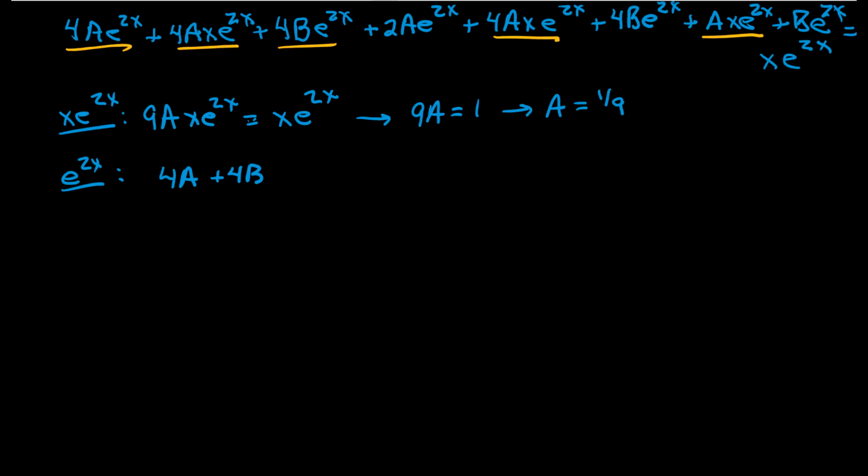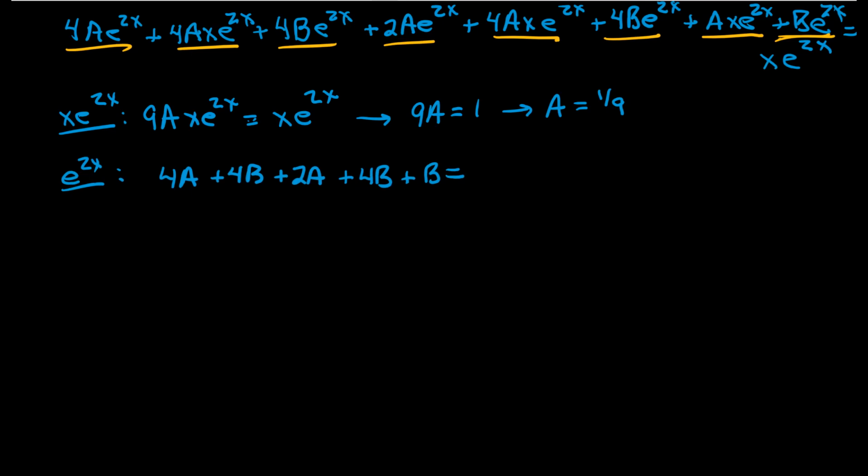Now, we have here 2a e to the 2x, so I'll put a line under that. That's now accounted for. The next one's over here to the right, a 4b e to the 2x. And then way over to the right-hand side, almost off of the screen, we have a b e to the 2x, which is just going to be plus b.